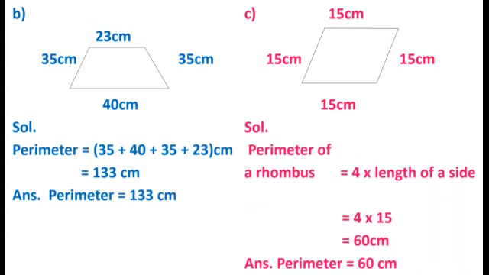Perimeter of a rhombus is equal to 4 into length of a side. That is 4 into 15, as all the sides are the same. So we get 60 centimeter. We can also find it by adding all the sides' lengths, and the same answer will come, 60 centimeter.